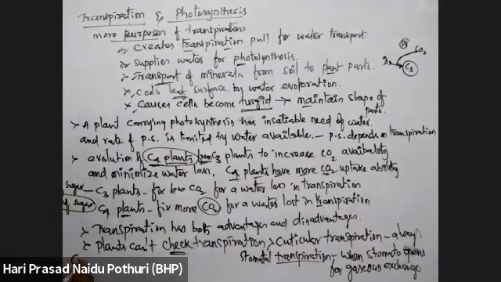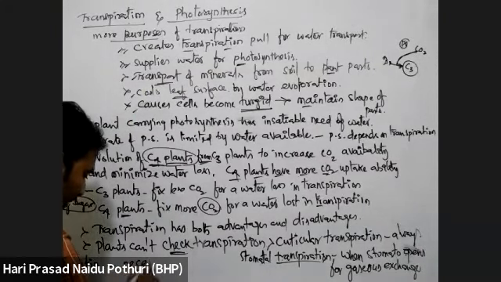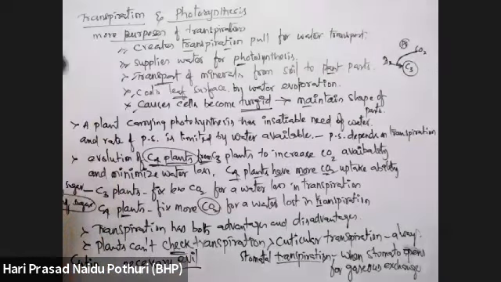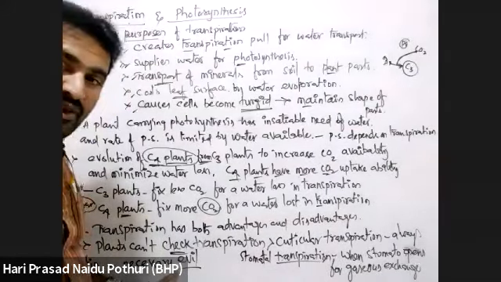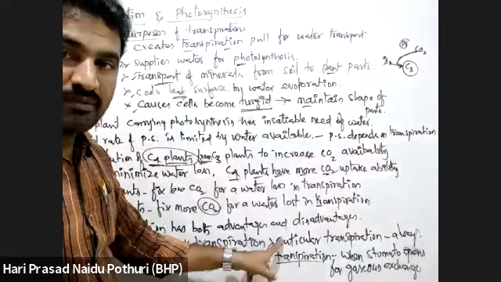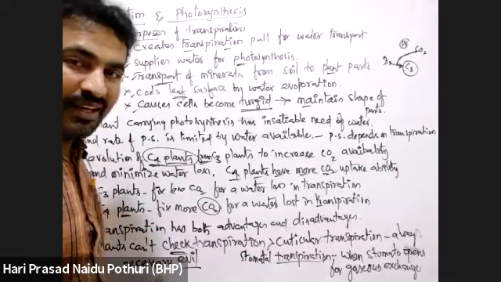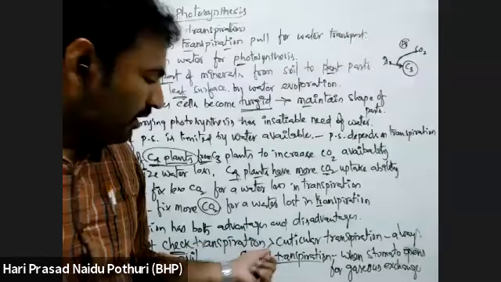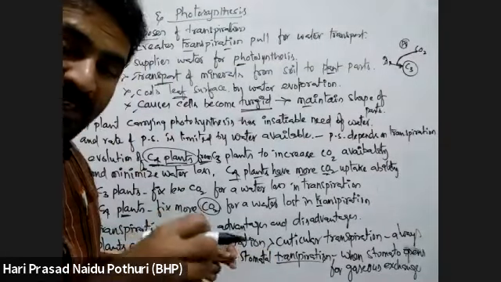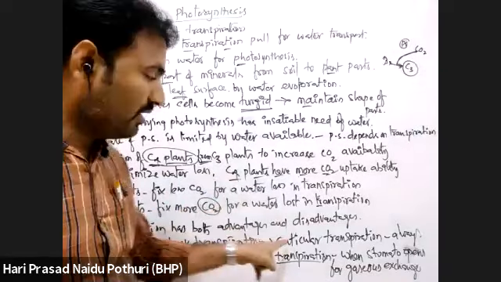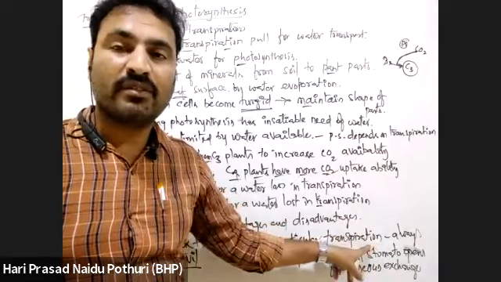So cutin is said to be a necessary evil. It shows evil functions, like losing water. Evil means doing bad, because when the cuticle is present the leaf surface is covered, but even so, there is a benefit.